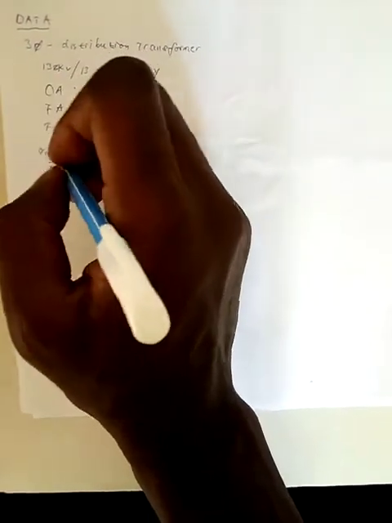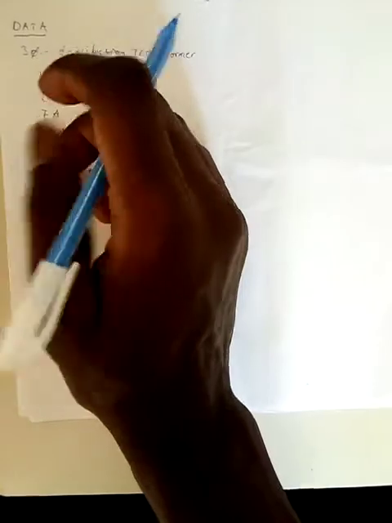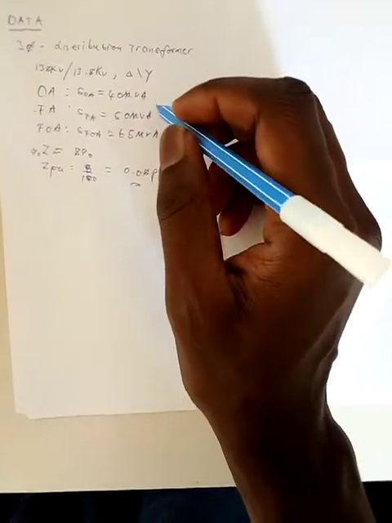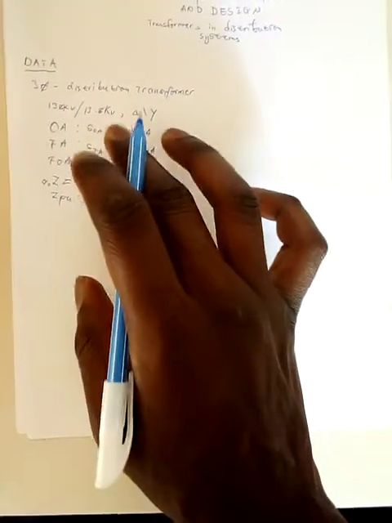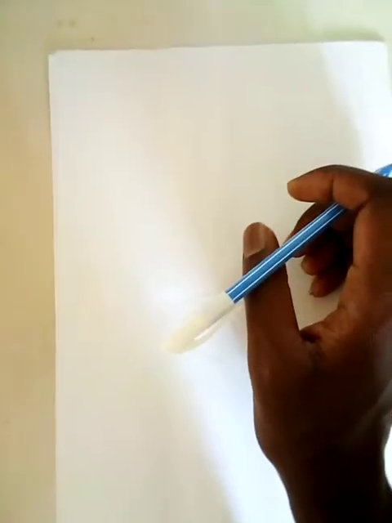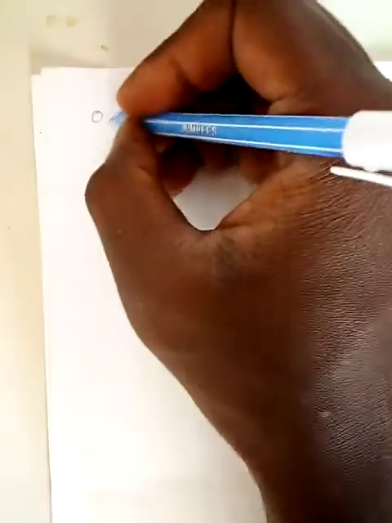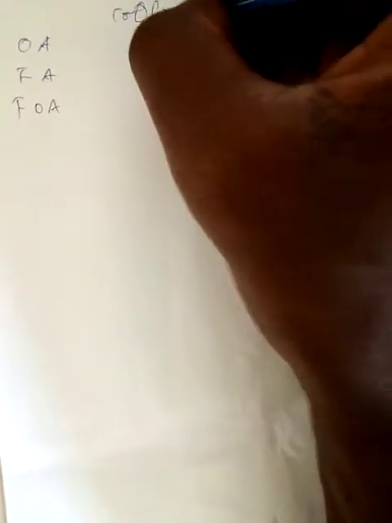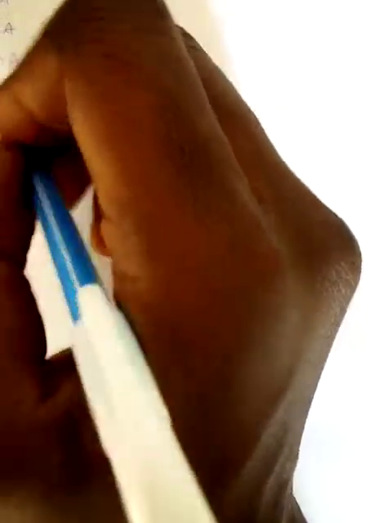But now I want to explain what these symbols OA, FA, and FOA mean. Now these are all on the same transformer. OA, FA, and FOA simply imply cooling method. So these symbols represent what type of cooling method is being used.